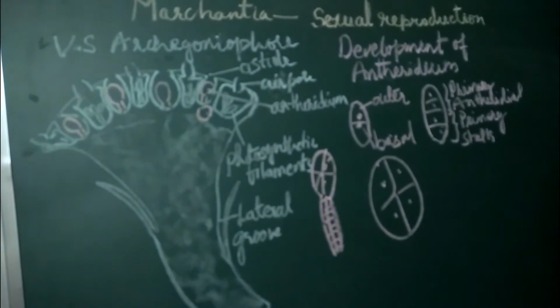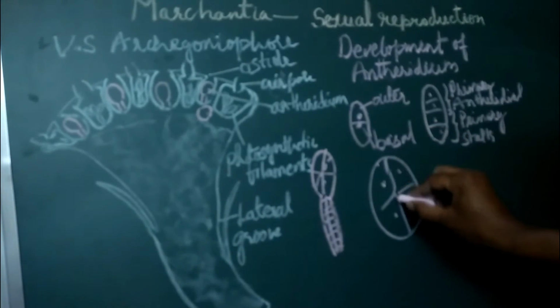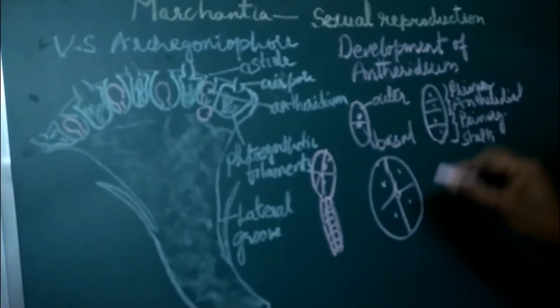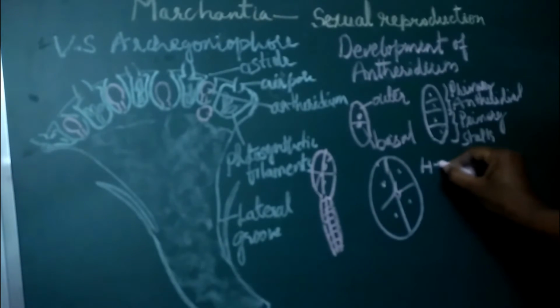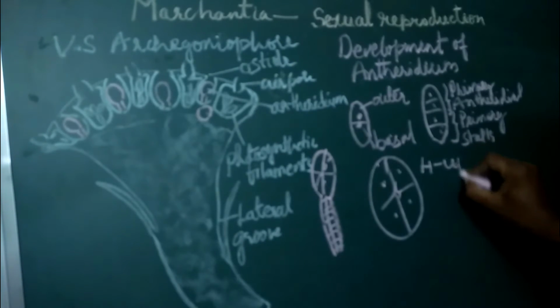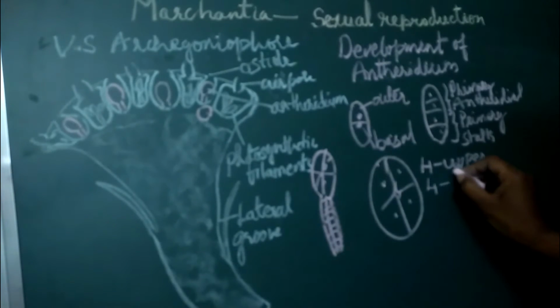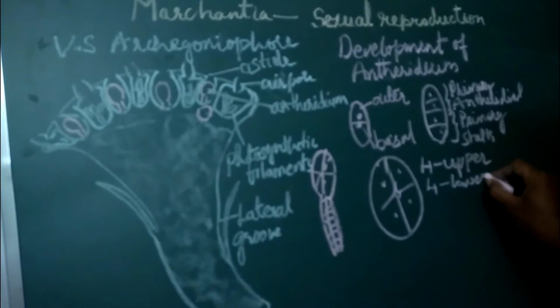At this 8-cell stage, they get arranged in 2 tiers, 4 cells in the upper tier and 4 cells in the lower tier.